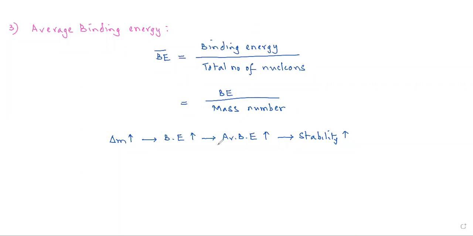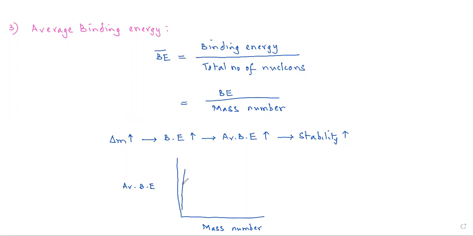See, when a graph is plotted between average binding energy, nothing but B bar, and the mass number, it will be like this.